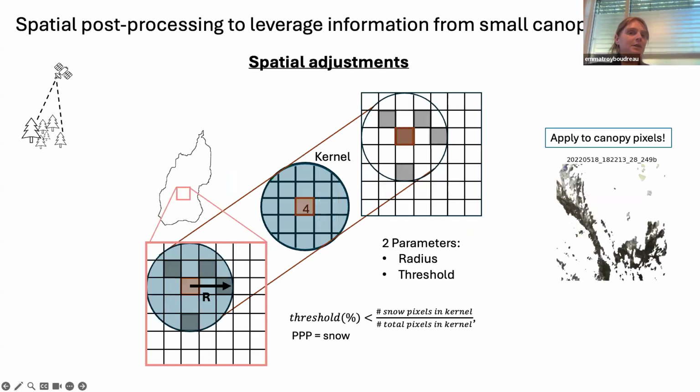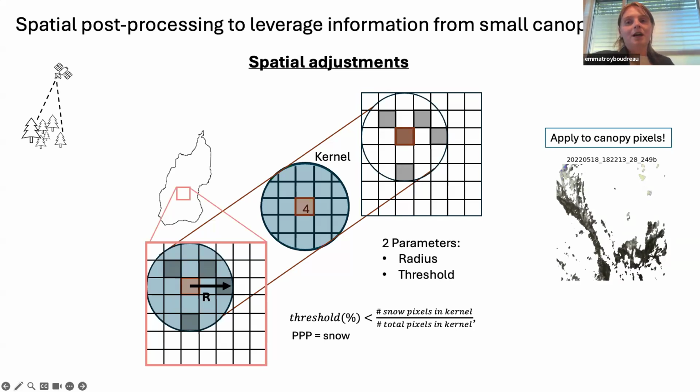And then for the spatial component, this is the new component that we have developed. It's using a 2D convolution to incorporate neighborhood statistics to adjust pixels in the canopy.